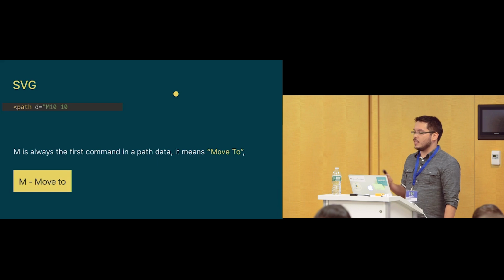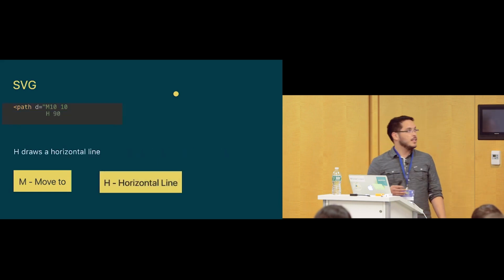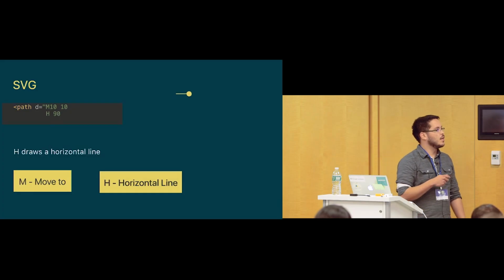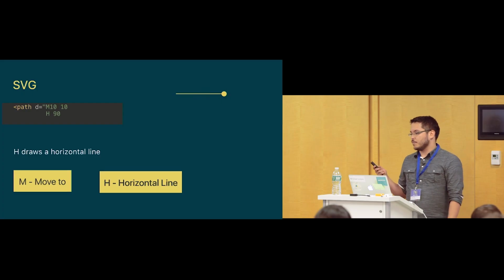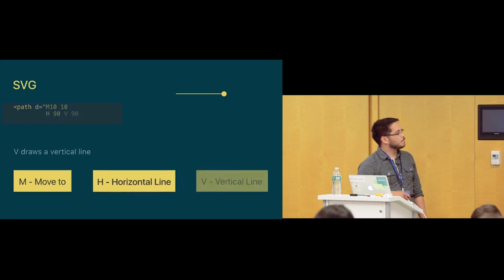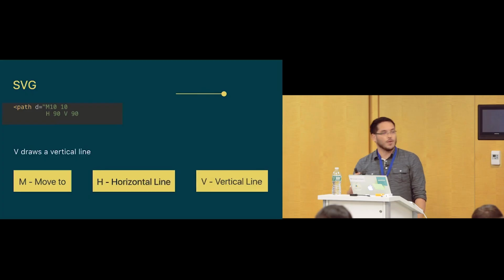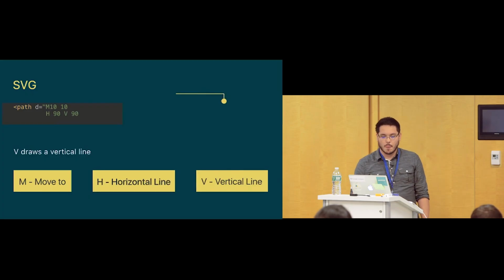For example, the H. I can use the H command to tell it, look, draw me a horizontal line until the position 90 on that graph. And then I can use V, which is for vertical line, to draw a vertical line until 90 in this case.